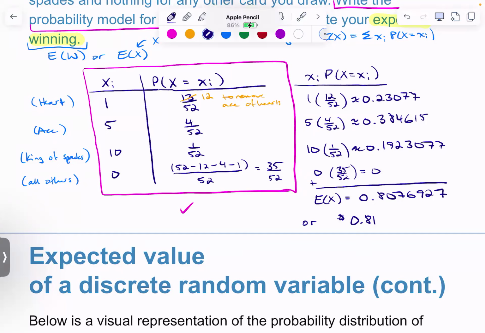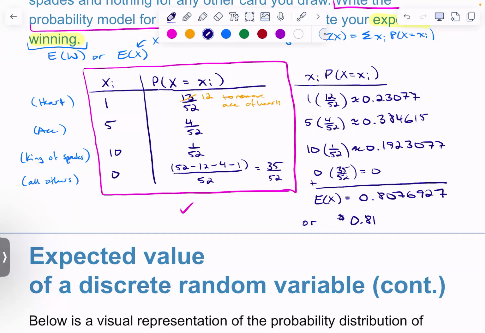You can use that to decide how much to pay to play this game, right? What if it costs you $1 every time? That's no good. You're only expecting 81 cents per play. That's not necessarily what's going to happen. In fact, it's not one of the outcomes, right?